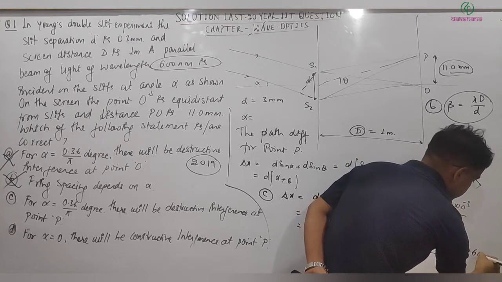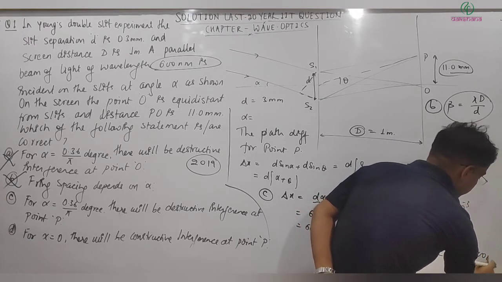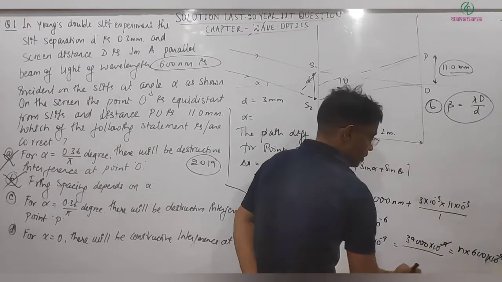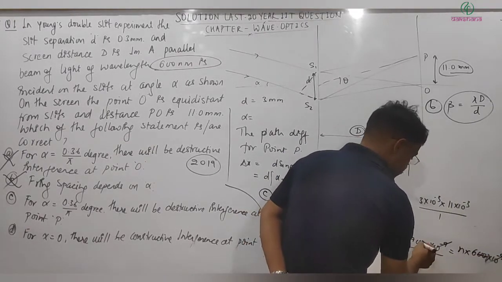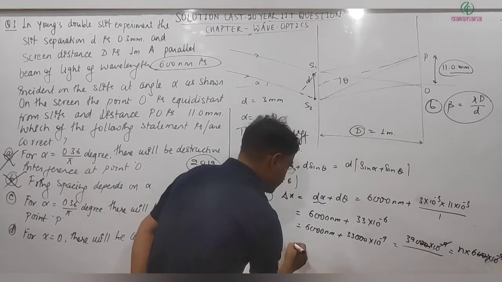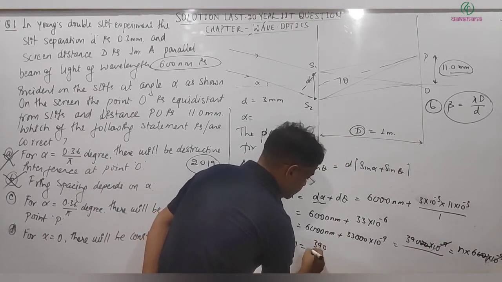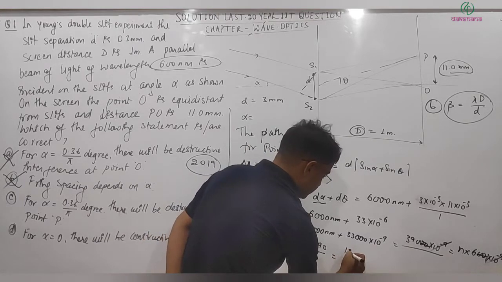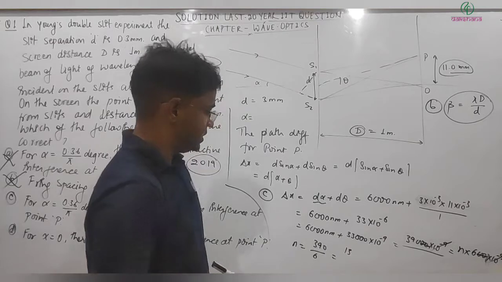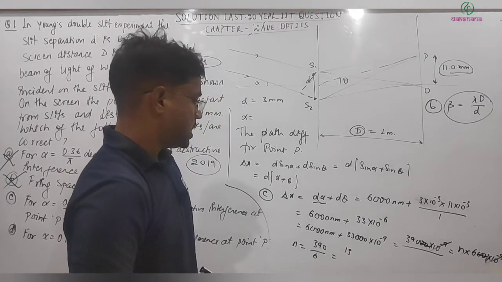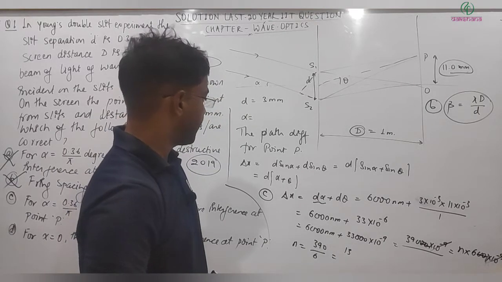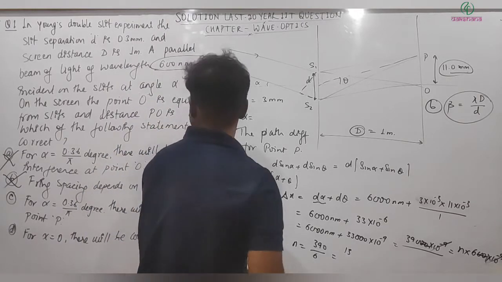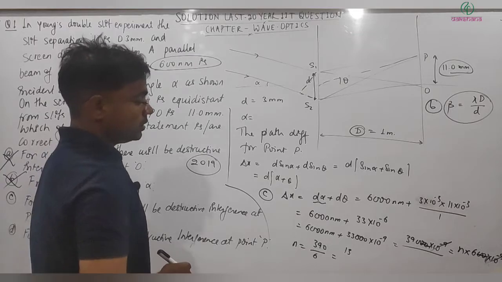So for P, n into lambda is equal to how much? Lambda is equal to 600 into 10 to the power minus 9. Minus 9 gone, and this is also gone. So n is coming out to be 390 divided by 6, right? And that is 13. I think I missed a 10 actually.